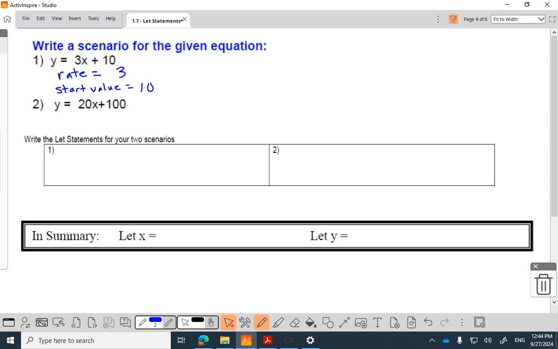Okay. So is there a flat fee at the start? Yeah. Okay. So let me try and put it in words.